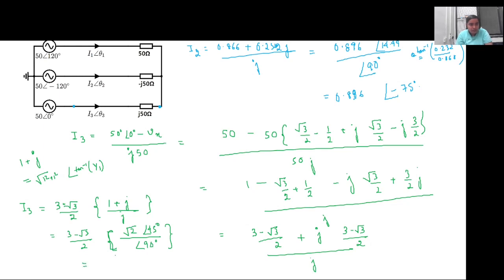So if we just simplify this, the angle here will be minus 45 degree, and it will be 3 minus root 3 by 2 into root 2, which comes out to be 0.8965. So this is equal to I3.